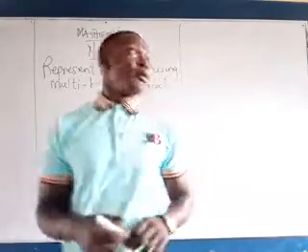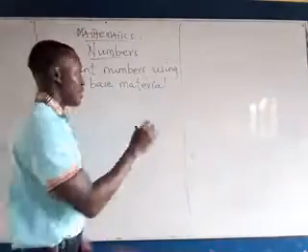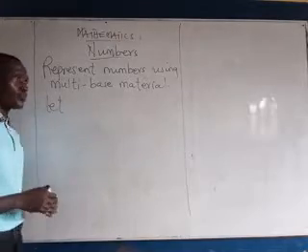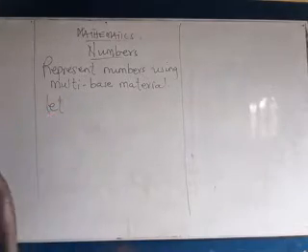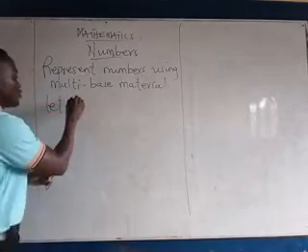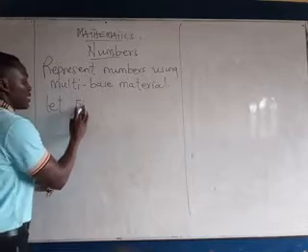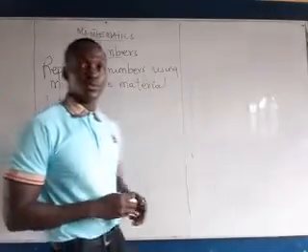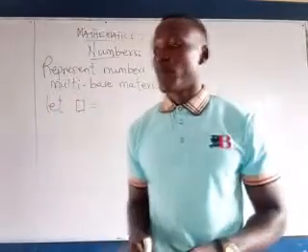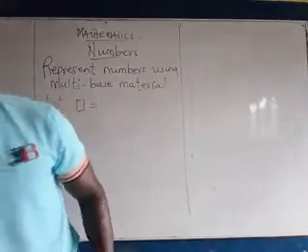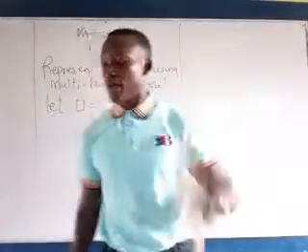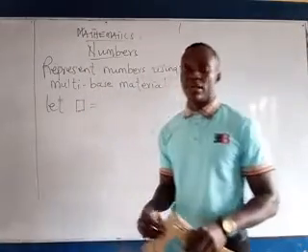Here, we are going to look at something. Say, let a cube equal a certain figure, and we are going to use a straight edge to represent another figure, and also a flat surface to represent another number.